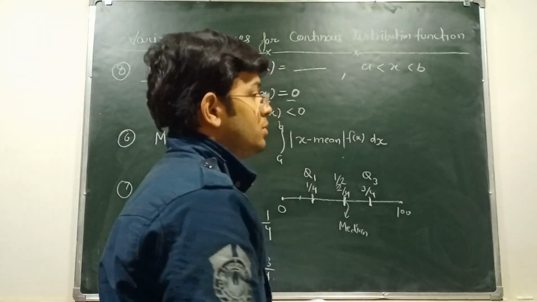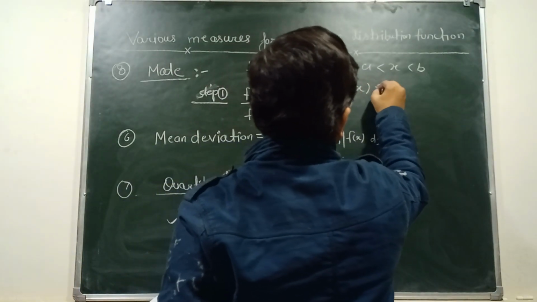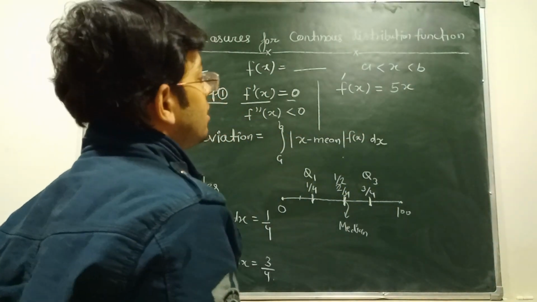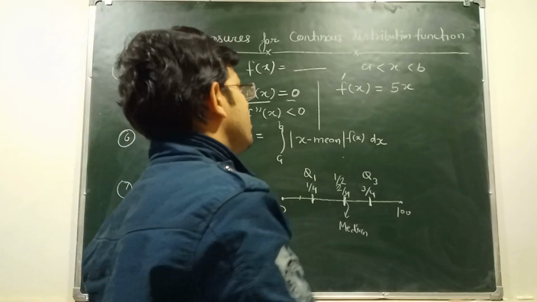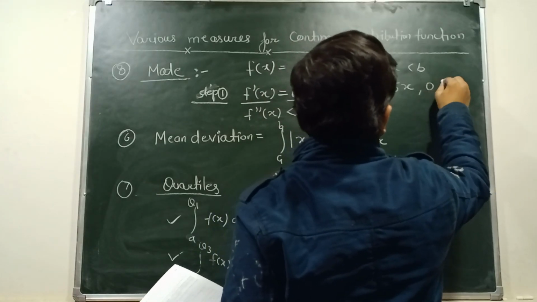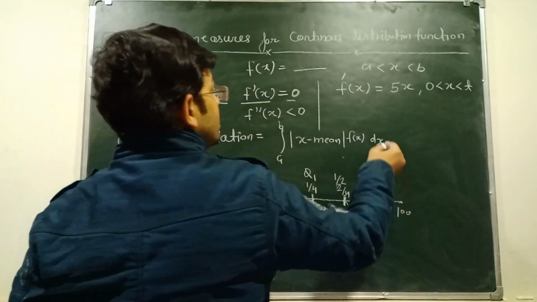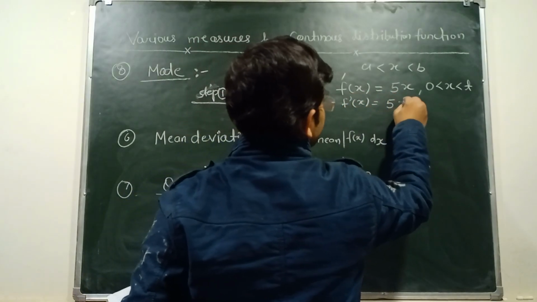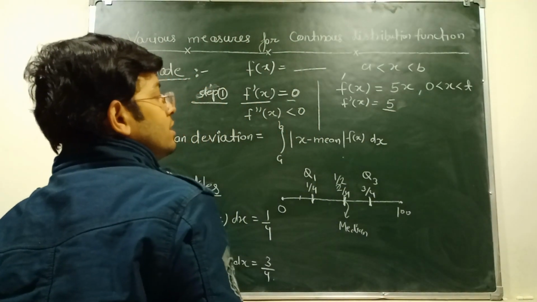Suppose we are given the function 5x, and the limits in this situation are 0 to t. The first step is to find f dash x. This is the value of f(x), and f dash x is equal to 5.